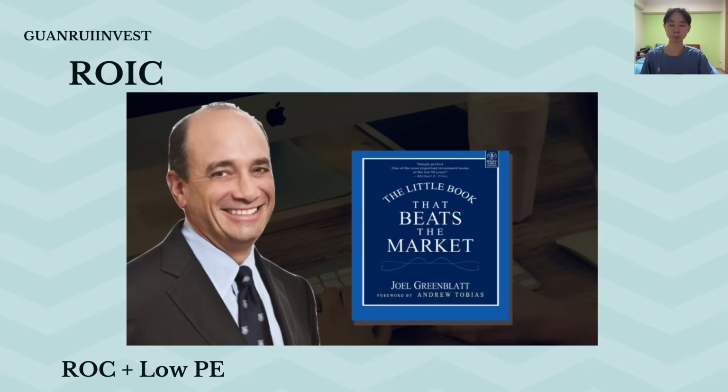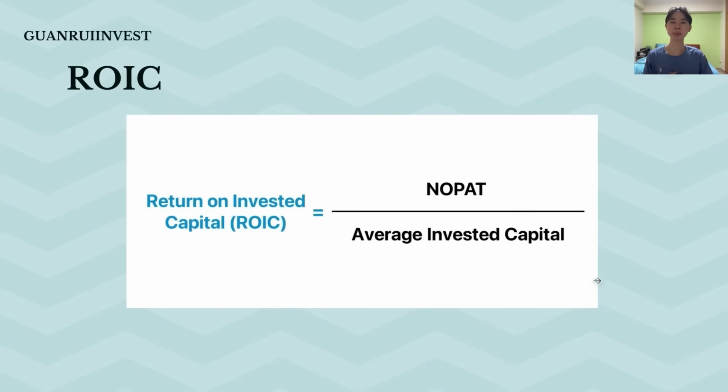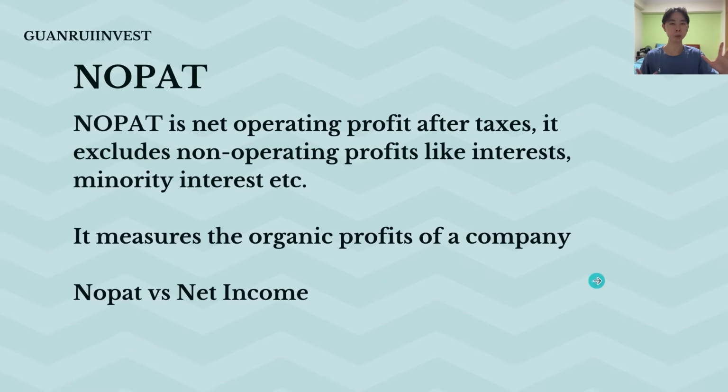So your ROIC is basically your NOPAT, which is your net operating profits after taxes, divided by your invested capital. So let's talk about your NOPAT portion first. NOPAT is the net operating profit after taxes. It excludes your non-operating profits like your interest income and your minority interest, when a company owns some sort of a stake in another company.